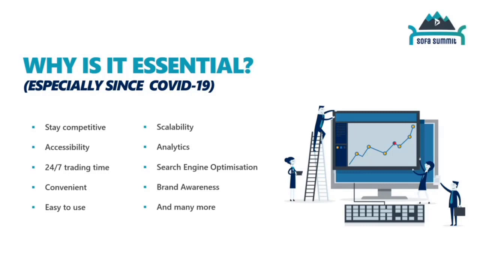Next is search engine optimization, and probably brand awareness comes into that. Let's think about it: you might have a shop front in one city in the UK. For people to come and see that shop, they have to visit it physically to know that you're there.